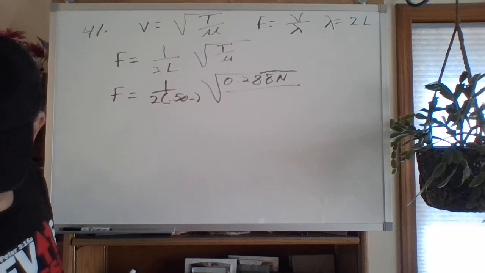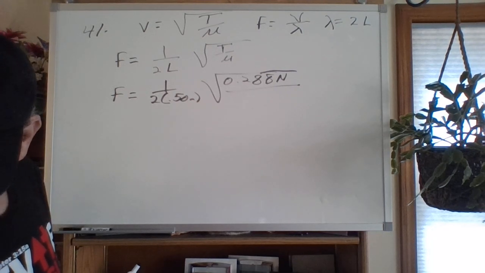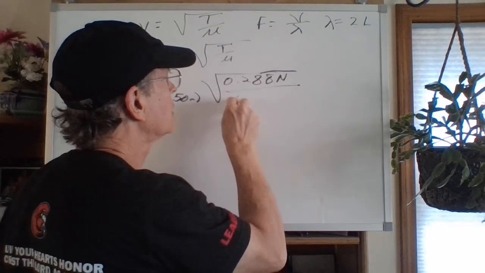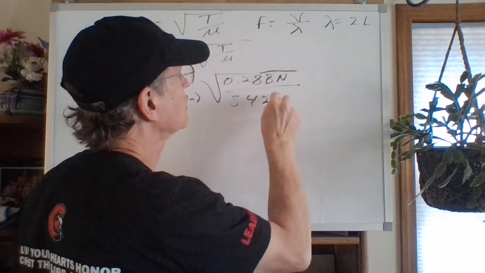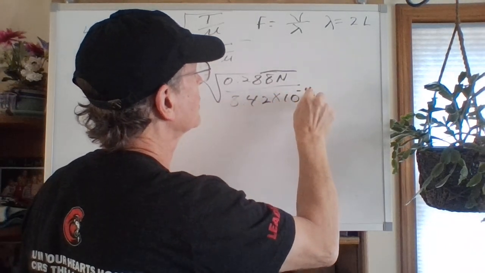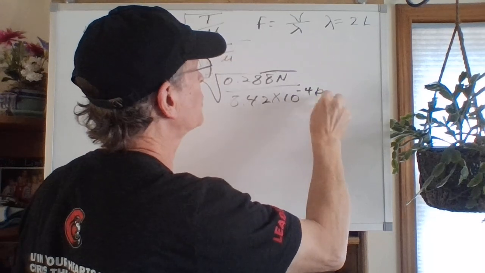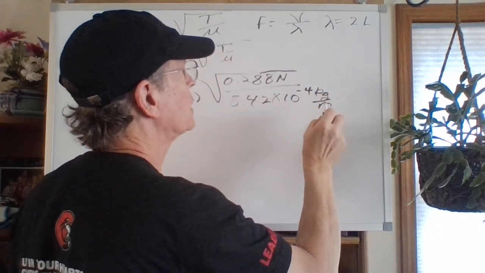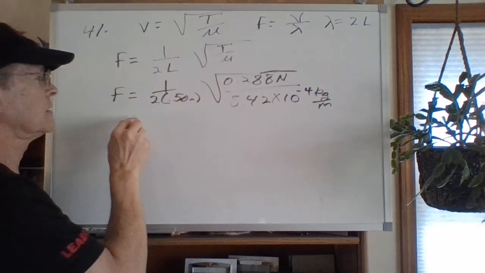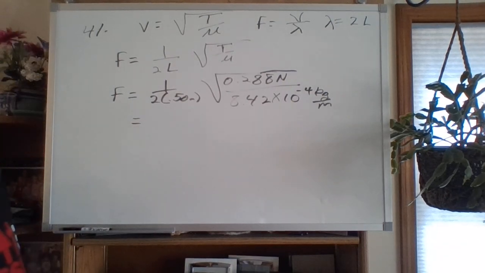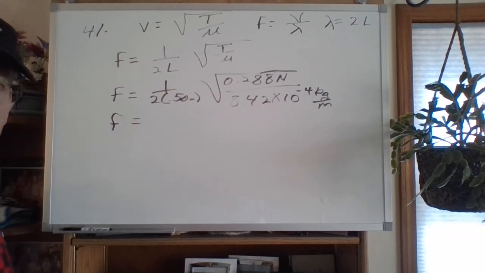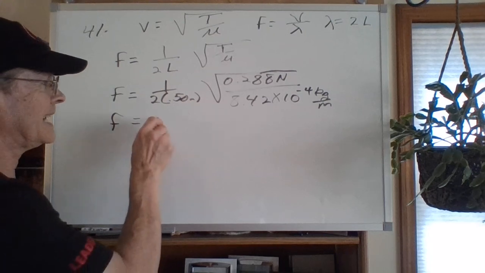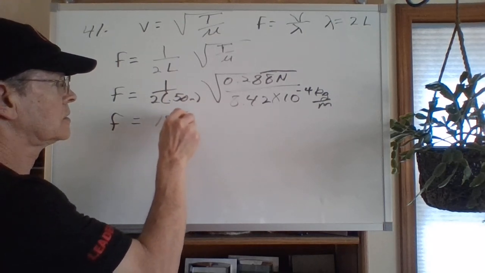Mu, the linear density, is given as 8.42 times 10 to the minus 4th kilograms of mass per unit length, meter. Let's plug all that in and see what we get. I got 18 hertz.